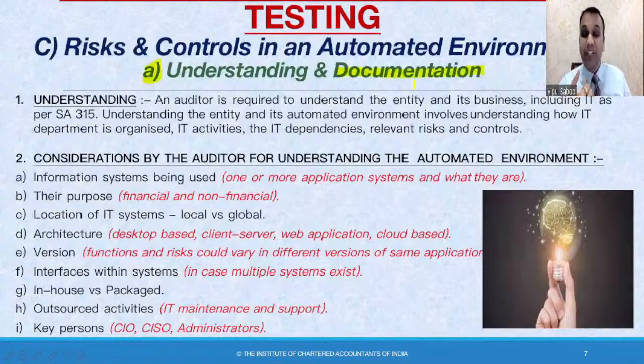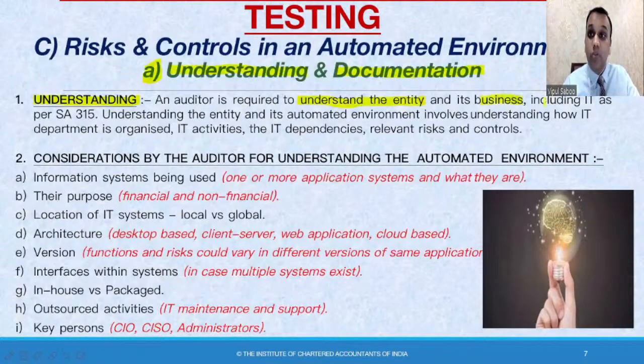Documentation could be physical as well as in electronic form. So we first need to understand the risks and document our understanding, our observation. The first part is understanding. SA 315 again, wherever you need to understand any part of the environment, SA 315 will come into play. An auditor is required to understand the entity, SA 315, its business.